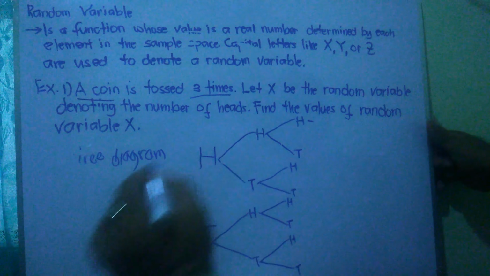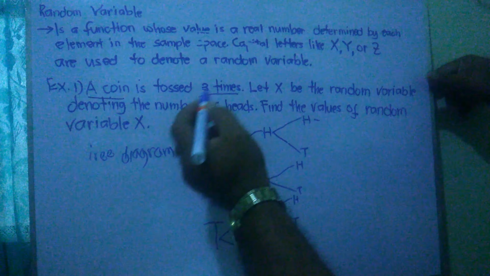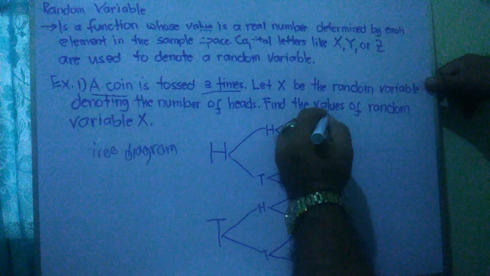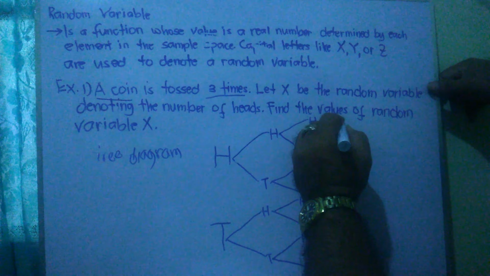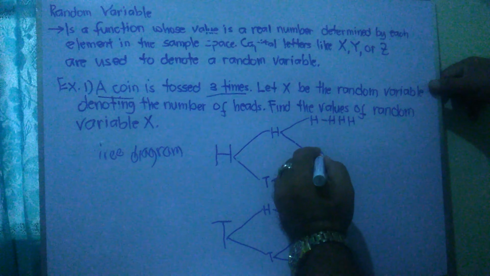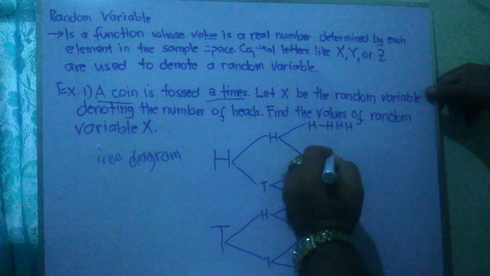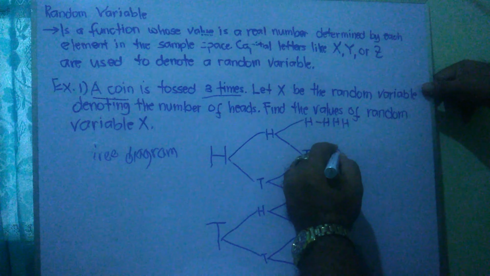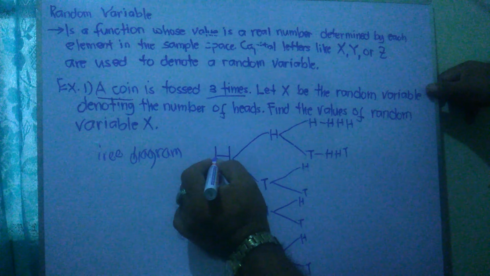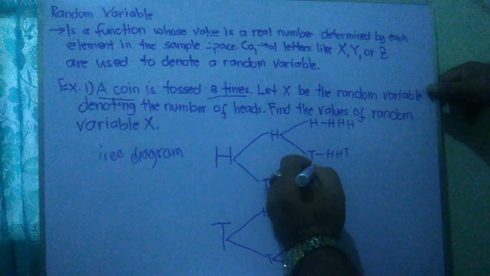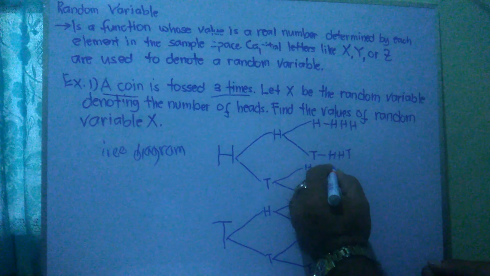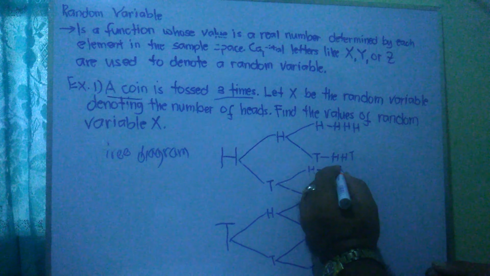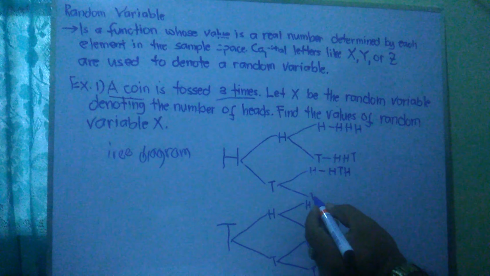So our outcomes: the first is head, head, head, so three heads. The second, two heads and one tail. The third, head, tail, head.